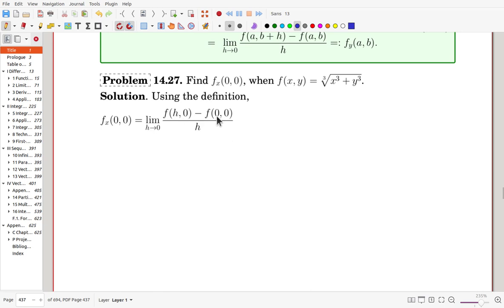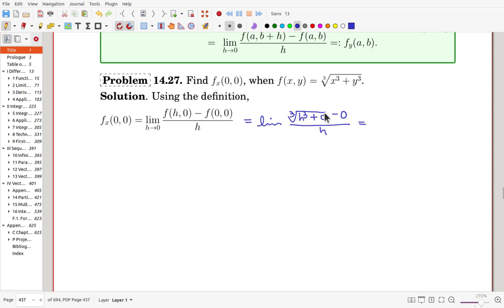Okay, now we write down the detail. Limit of f of h, 0, that is the cube root of h cubed, and 0, minus f of 0, 0, which must be 0, divided by h, right?